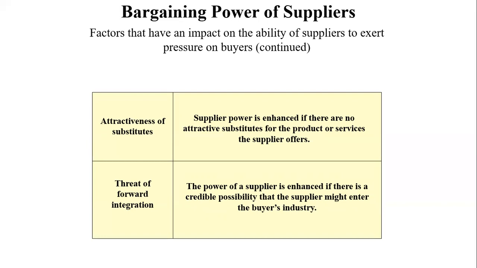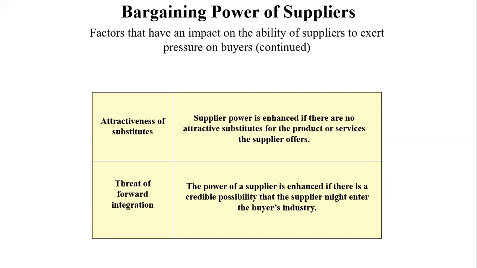And so what we are saying is that if a supplier finds themselves in a situation where the products or services that they are churning out have no substitutes, then we can say that their power is enhanced. In other words, they have a lot of power in this regard, since they have no attractive substitutes that will be competing with them.